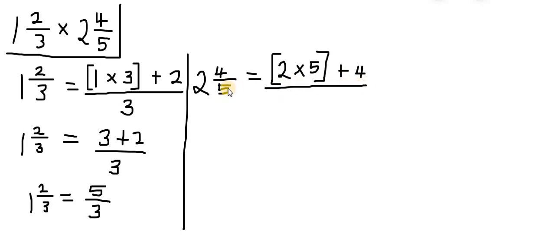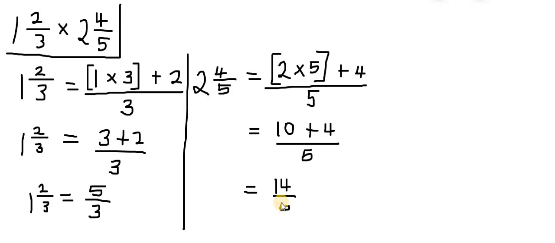And finally, the bottom number doesn't change, 5 here, so 5 here. Now, 2 times 5 in this bracket, that makes 10, plus 4 over bottom number 5, and that results in 14 over 5. So, 2 4 over 5 as an improper fraction is 14 over 5.